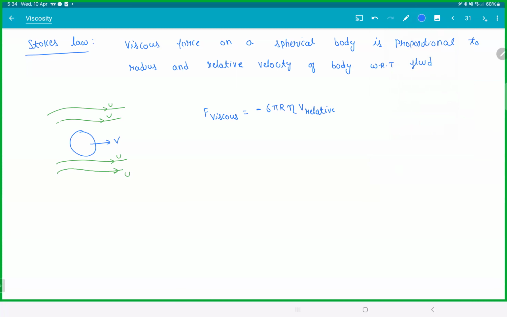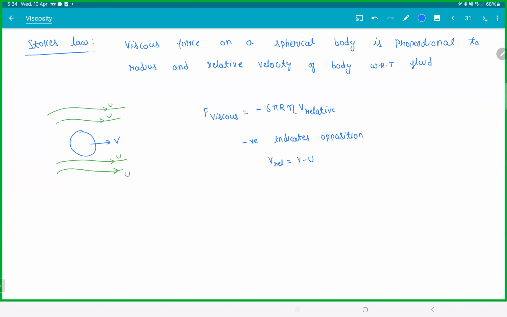Remember, v is not the velocity of the ball, v is the relative velocity. In this scenario, v relative is v minus u.